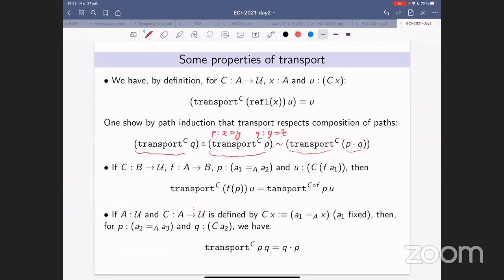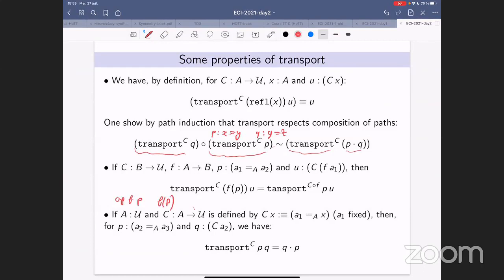So maybe I did not mention, but because it's heavy to write app f p, sometimes I allow myself to write just f of p, because actually f is a functor, so it should apply not only to points but also to paths. So f of p is just an abbreviation for this.